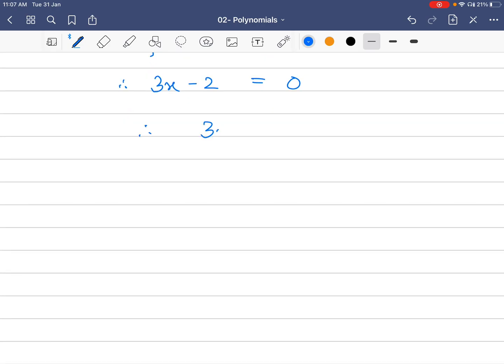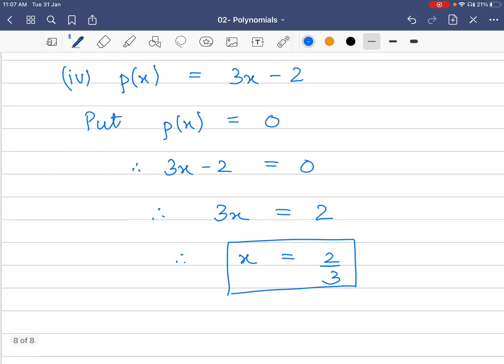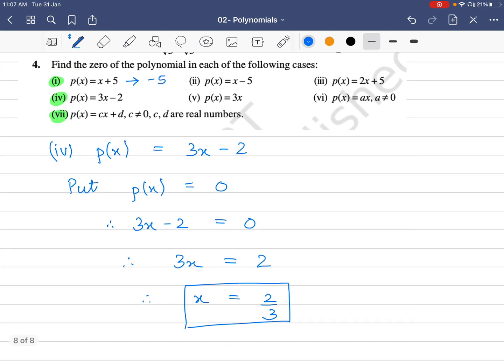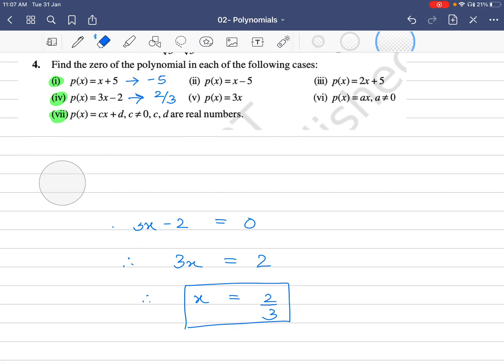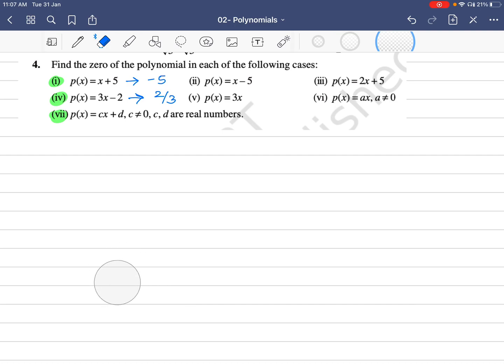Therefore we get 3x equal to 2, and therefore x is equal to 2 by 3. So x equal to 2 by 3 is the 0 for this polynomial. So I'm just going to make a note here. For this polynomial, it is x equal to 2 by 3. Now let's erase this, and now we come to the last one in this video.